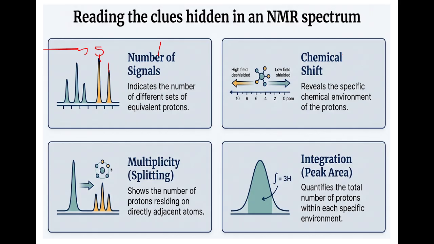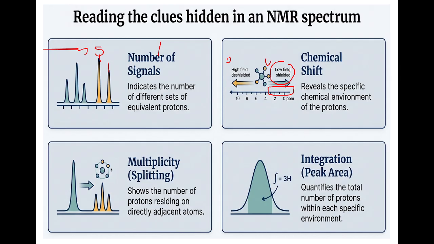Chemical shift. What does chemical shift tell us? Low field or high field, but usually we call it upfield and downfield. If it is upfield, around this area, that means that proton is not near an electronegative atom, and it's not near a benzene ring.